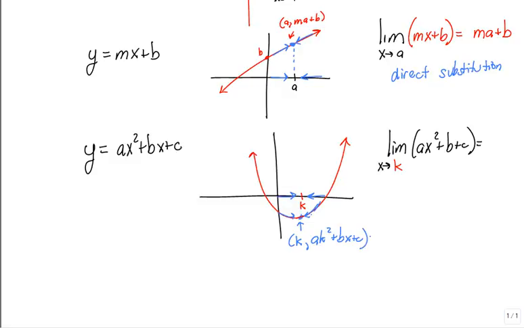That'll be f of k, which is ak squared plus bk plus c. And that's also direct substitution.